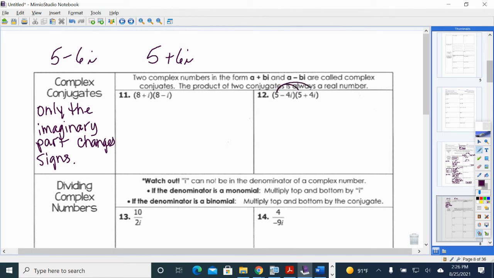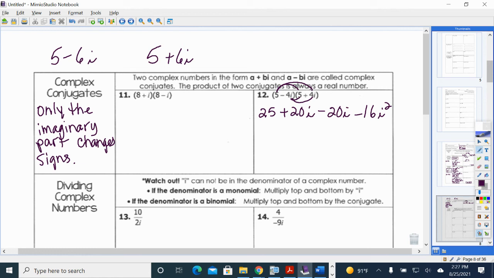Multiplying this out, we're going to distribute the 5. 5 times 5 is 25. 5 times 4i is a positive 20i. The negative 4i is going to get distributed. Negative 4i times 5 is a negative 20i. And then negative 4i times positive 4i is a negative 16i squared. Now, here again, i squared is equal to negative 1.